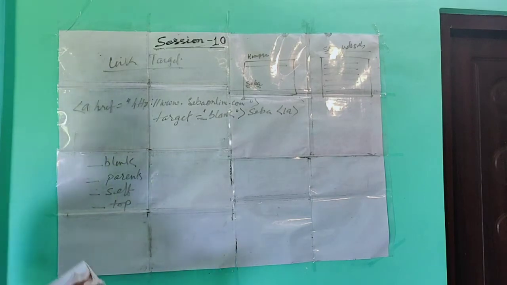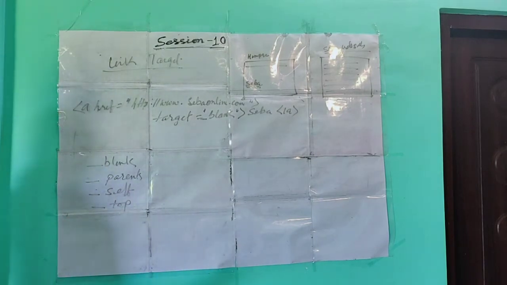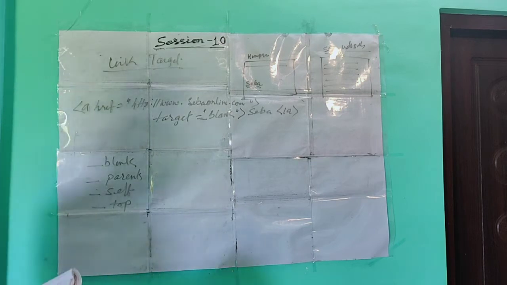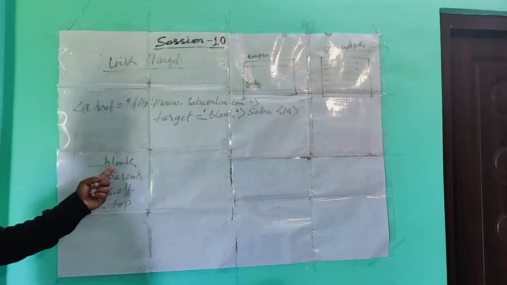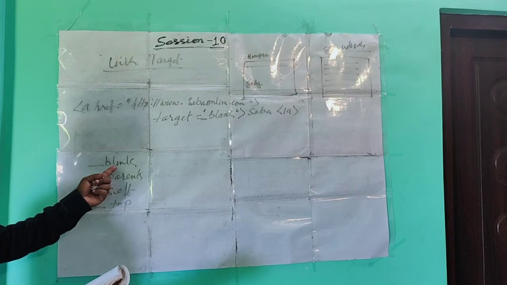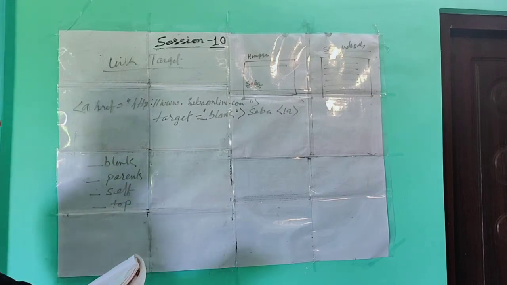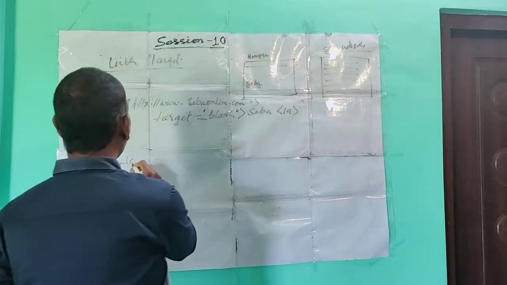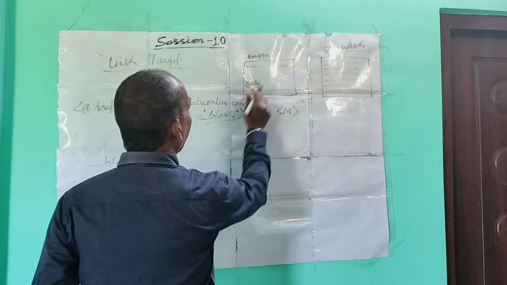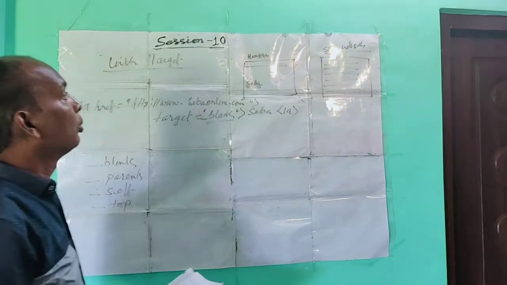You see, there are 4 values used with the target attribute. The first one is blank. This value of target will open a new browser window or a new tab. So when you use blank, this will open a new browser window.